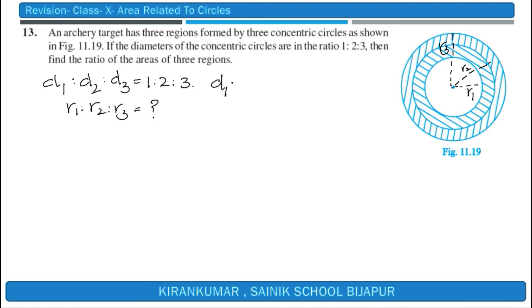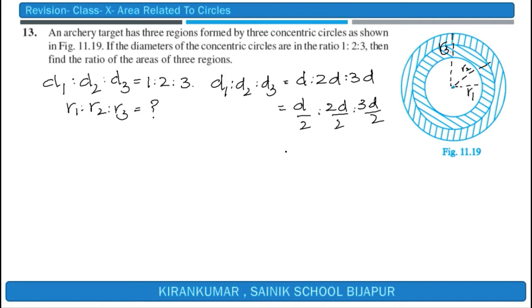So d1:d2:d3 will be equal to some constant, say d:2d:3d. So if I divide by 2 in this, d by 2 is to 2d by 2 is to 3d by 2.